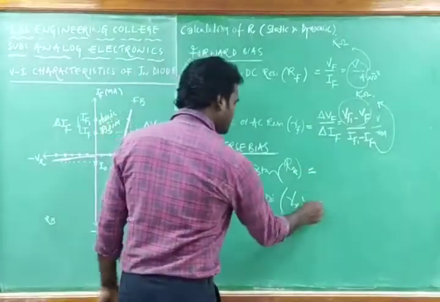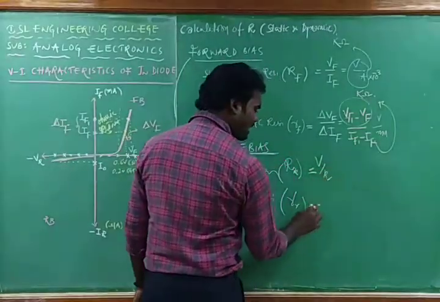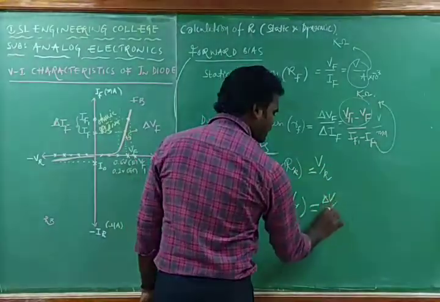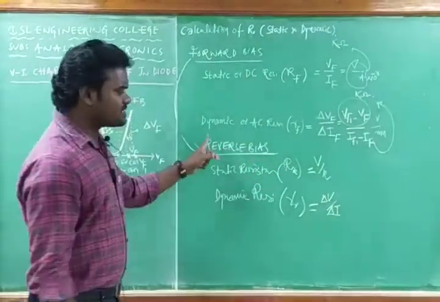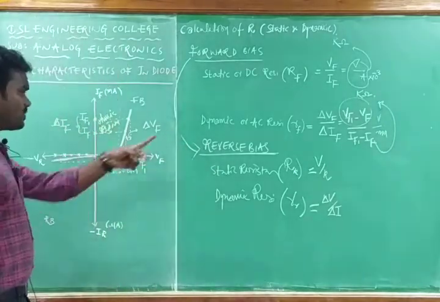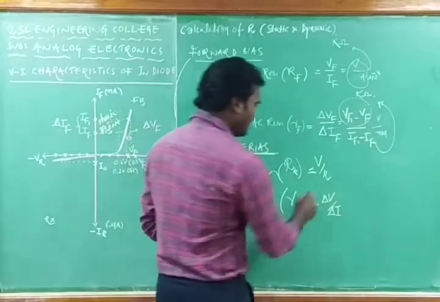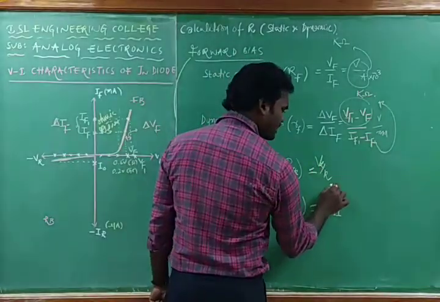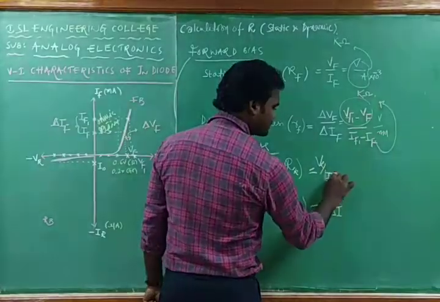Then static resistance means what? It is a ratio between voltage and current, and dynamic resistance is change in voltage by change in current. In which biasing do we identify this? In reverse biasing, so we need to identify voltage and current. Here it is VR by IR.